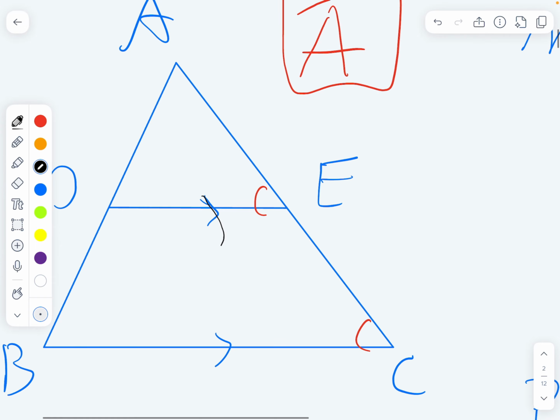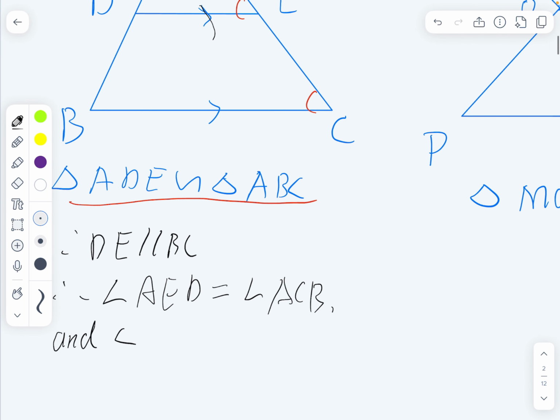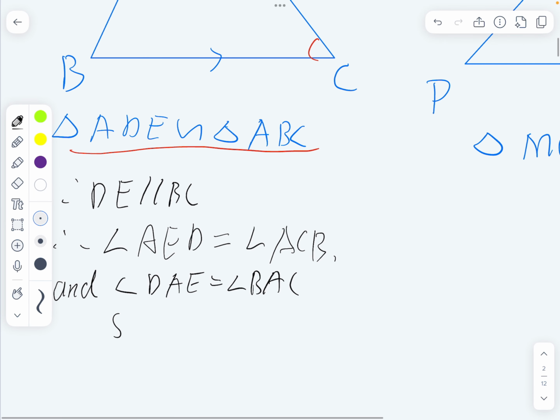Also angle A is the same angle, so we can use the two-angle condition.